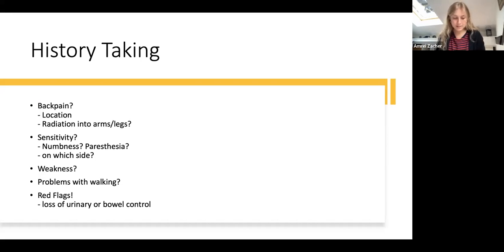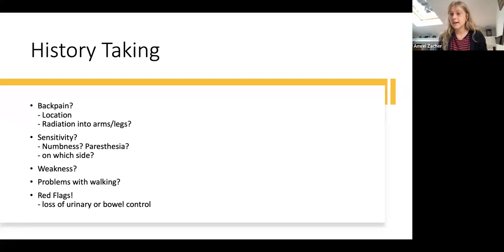Very important is that you always have to ask for so-called red flags. Red flags are certain symptoms that tell you that there is something urgently wrong, that there's an emergency, and you have to act immediately. In this case, the most important red flag is whether there is loss of urinary or bowel control.